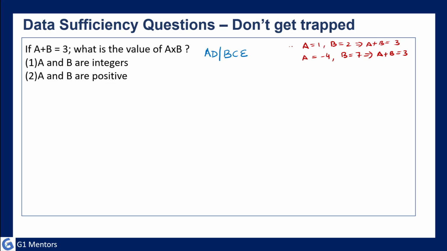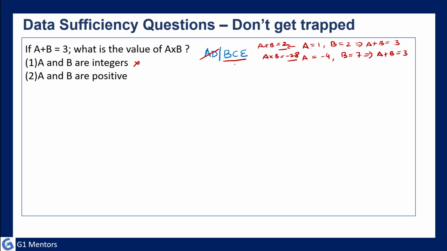But in the first case a into b is equal to 2, and in this case a into b is equal to minus 28. So statement 1 alone is not sufficient. We strike off A and D, and the answer choice is from B, C and E.